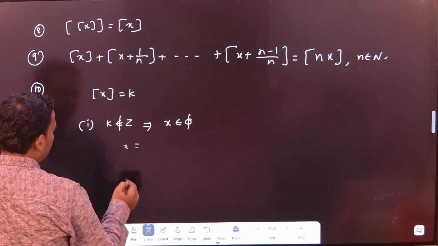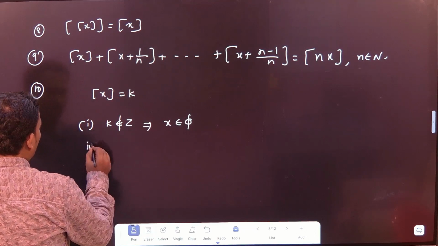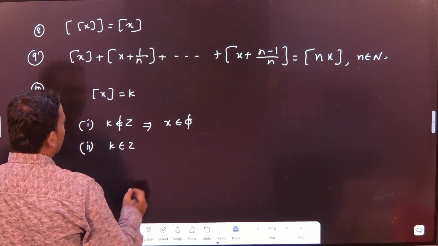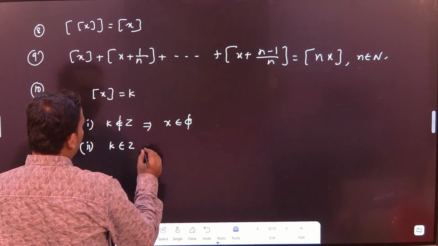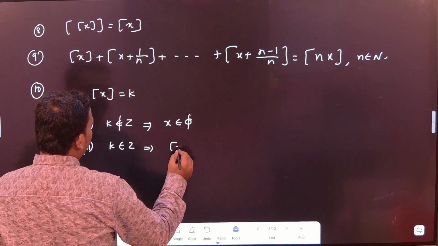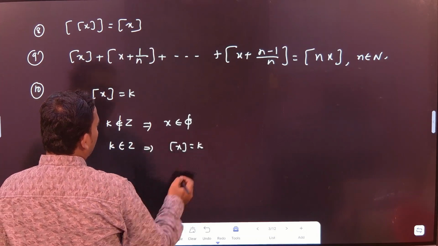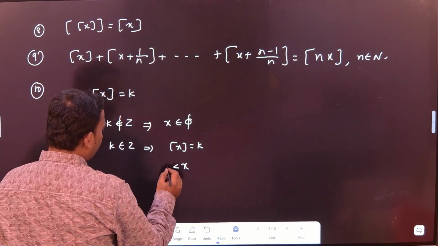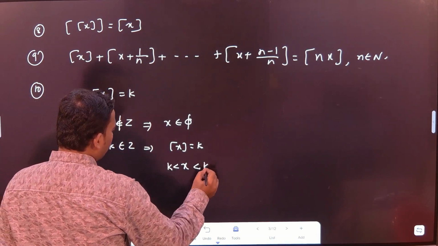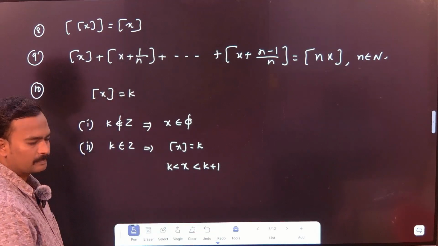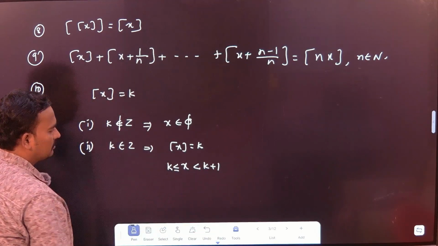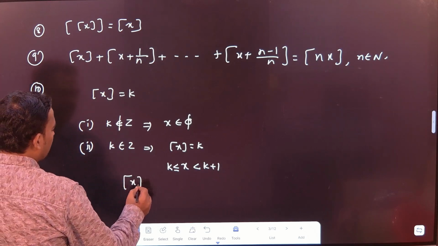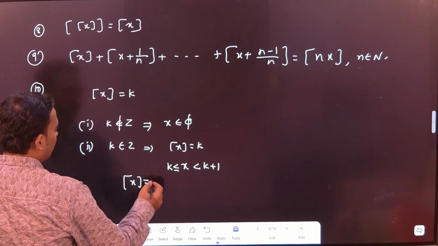Okay. Let me take the second one. Suppose k belongs to integer, right? Then the greatest integer value of x is equal to k, so where is the x value possible? x should be from k to k plus 1, with k included. Clear? For example, greatest integer function of x is equal to, let's take 10.